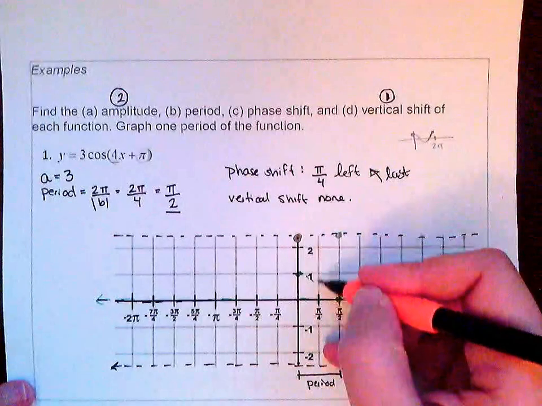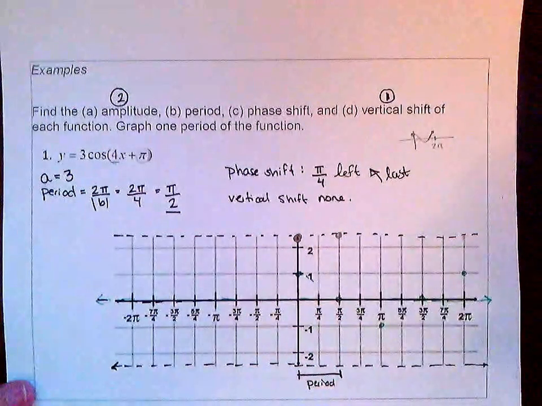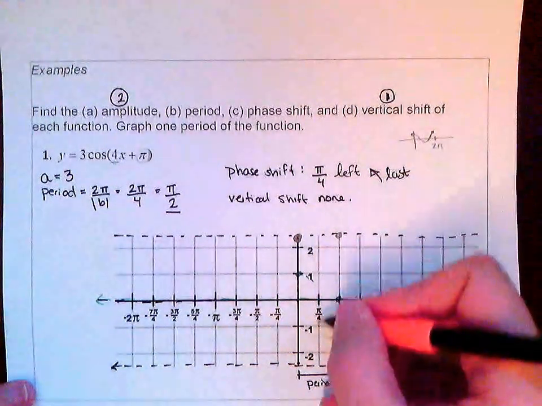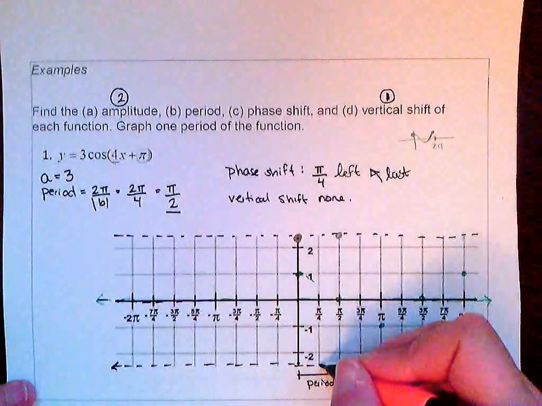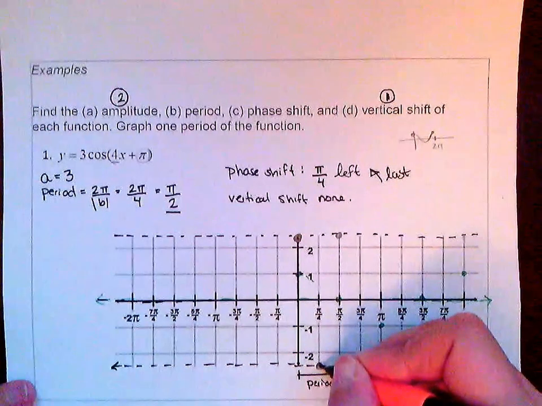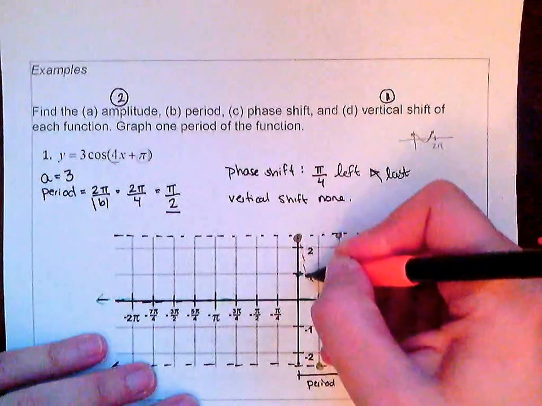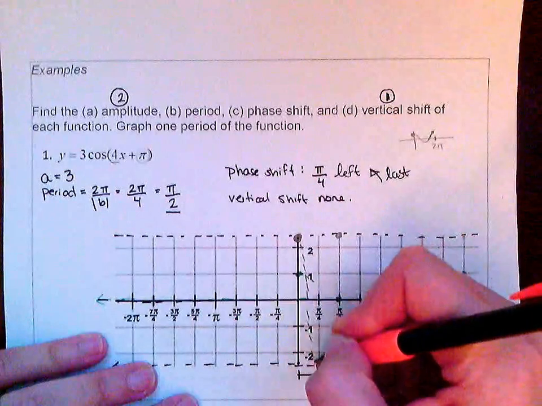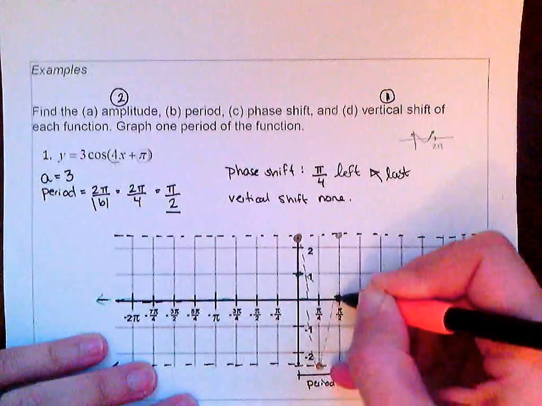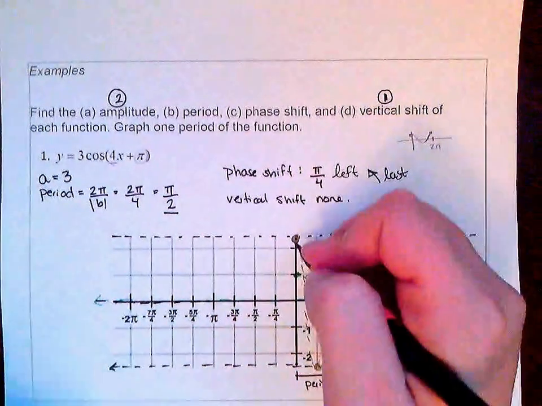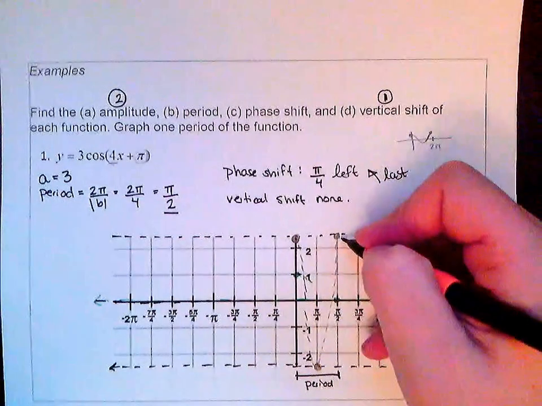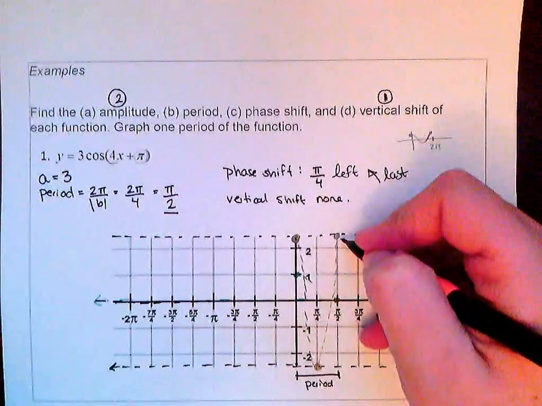And then the middle point, which is pi over 4, is going to be our trough, our lowest point, which is all the way down here. I'm just going to draw this rough sketch, and then if you wanted to, you could repeat that.